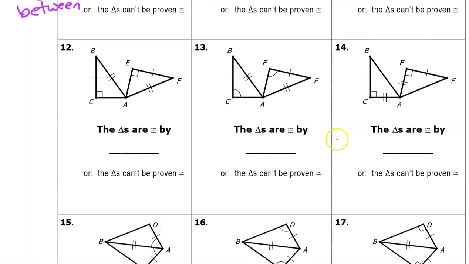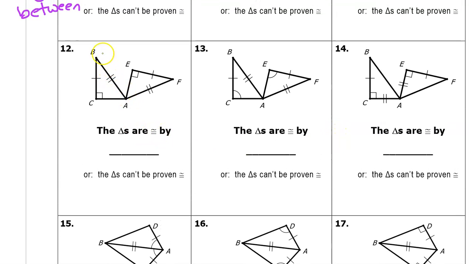All right, let's just look at a few more. Looking at problem number 12. Let's focus on one triangle at a time. I'm noticing that we have two sides and an angle. Actually, before I even get too carried away, there's something special about number 12.